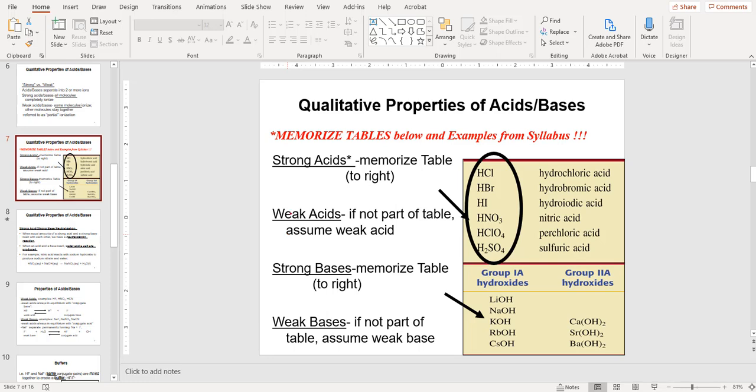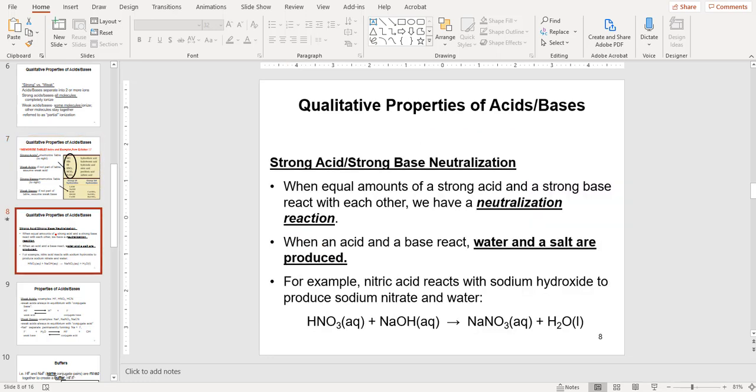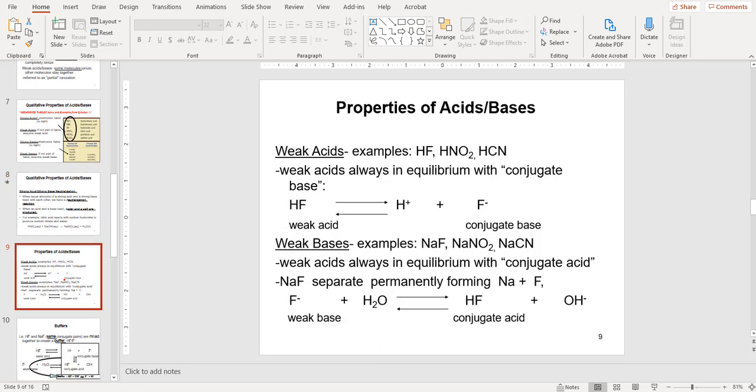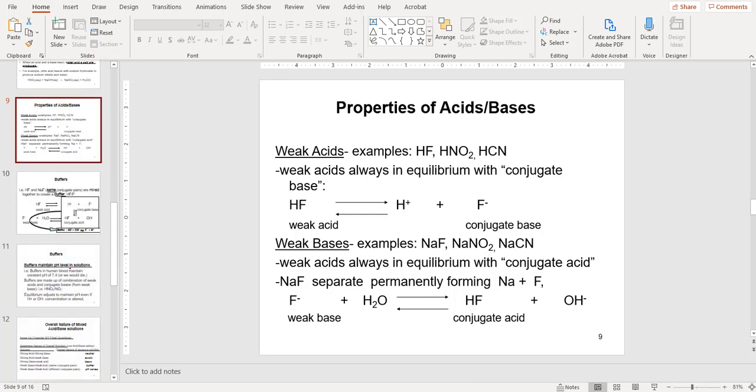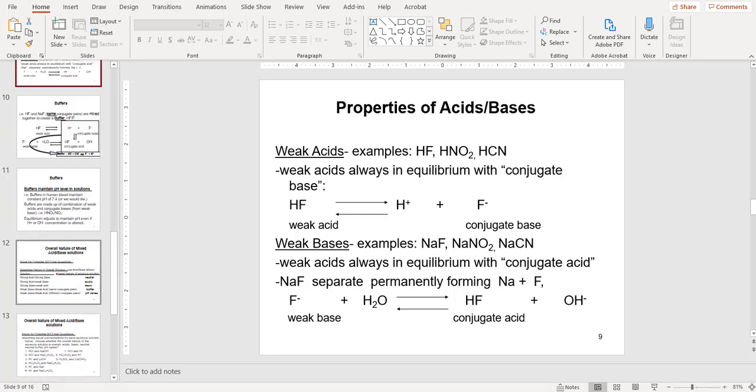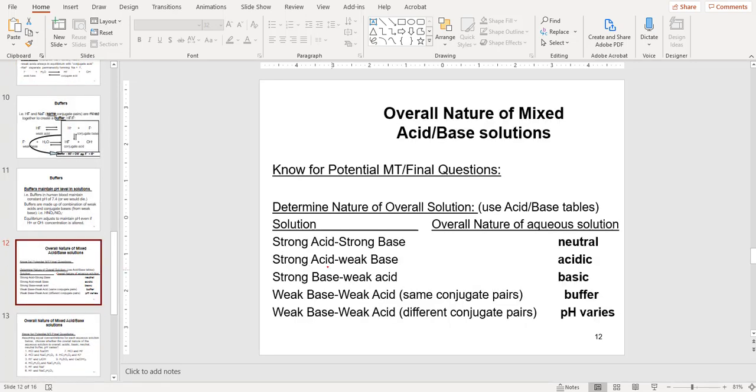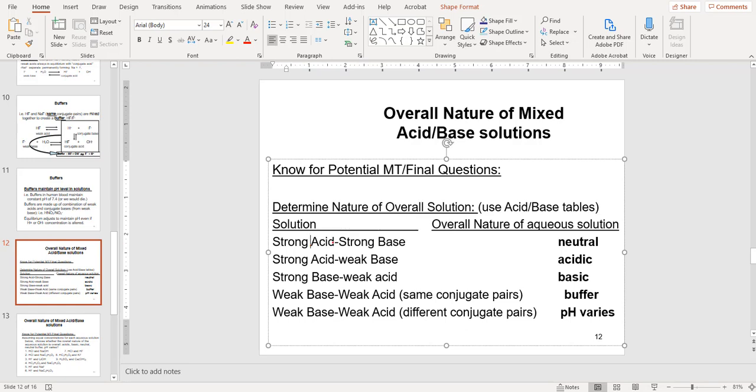Now, let's go ahead and fast forward a bit. The next several slides talk about characteristics of strong acid and weak acid reactions and buffers. And the purpose of all of that is for slide 12. We're going to be mixing equal molarity concentrations.